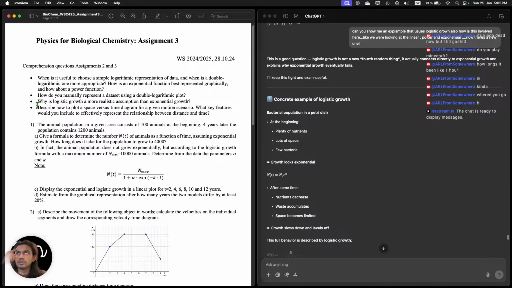Space versus time diagram, okay. For a given motion scenario, space like space between the initial and final position. What key features would you include to effectively represent the relationship between distance and time?